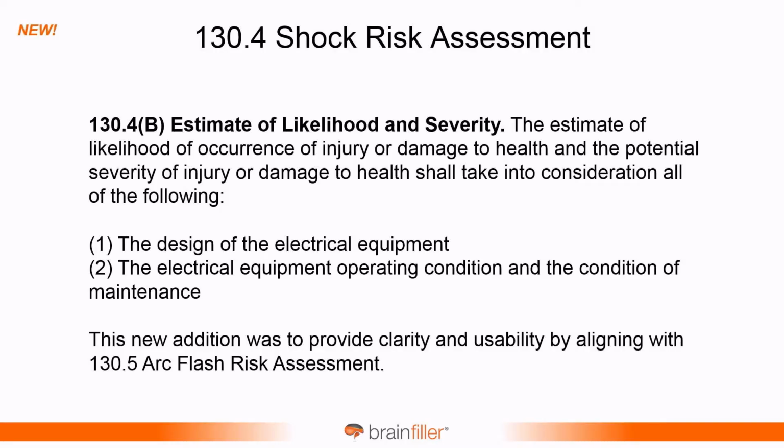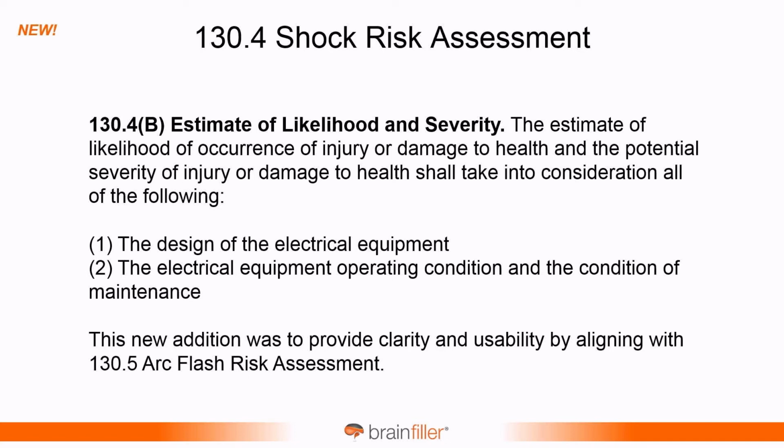So there was language that is part of the arc flash risk assessment that has now been duplicated, and what that language looks like right here. Estimate the likelihood and severity. The estimate of the likelihood of severity of injury or damage to health and the potential severity of the injury or damage to health shall take into consideration all of the following.